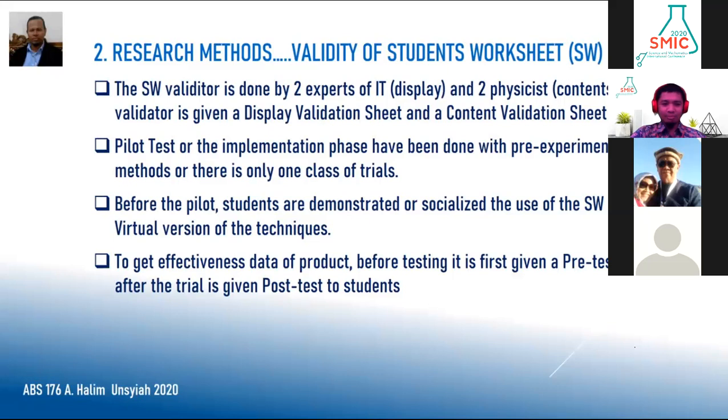The pilot test or implementation phase was done with a pre-experimental method, with only one class to try. Before the pilot test, students were given a demonstration of the use of the SW Virtual Lab. To get effectiveness data of the product, before the pilot test it was first given a pre-test. After the pilot test, we gave a post-test to students.